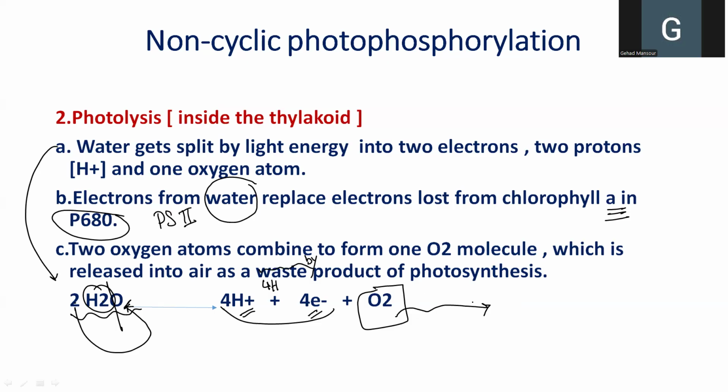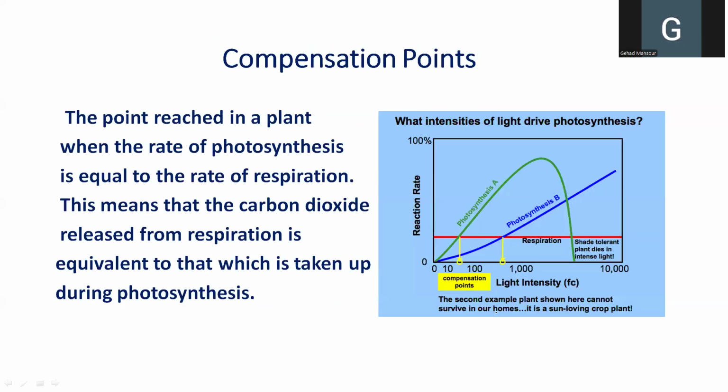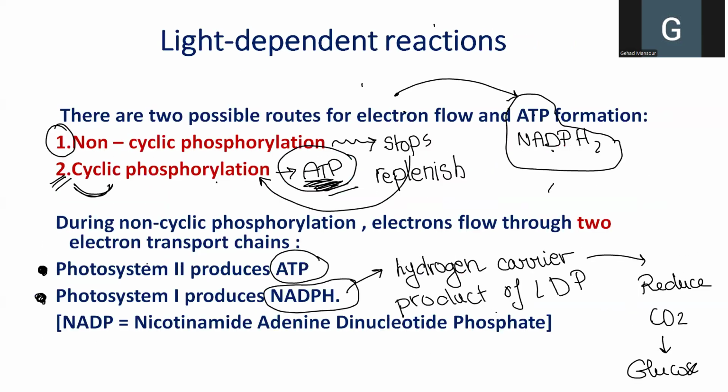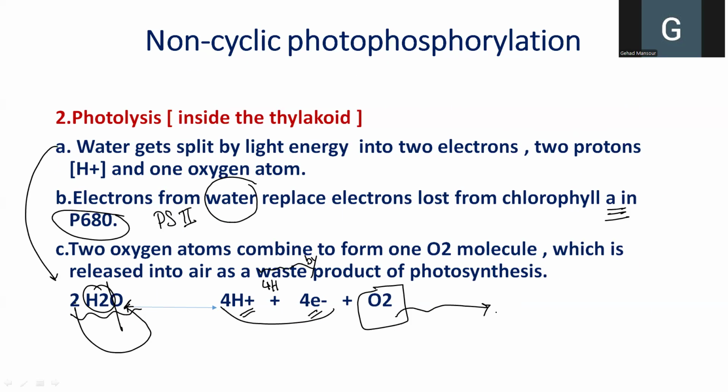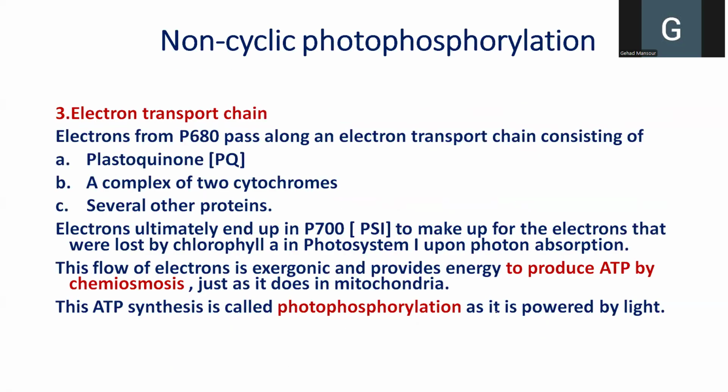We had better call it a byproduct of photosynthesis, and therefore we can say that photosynthesis is the source of all the oxygen that living organisms breathe in on Earth.